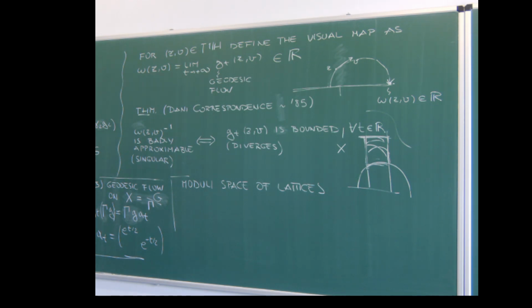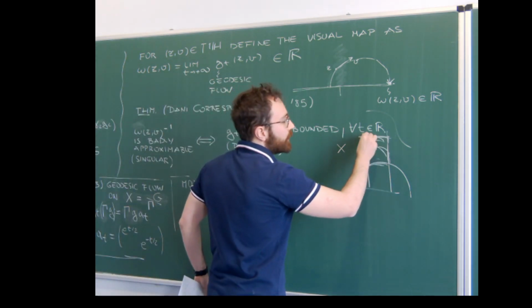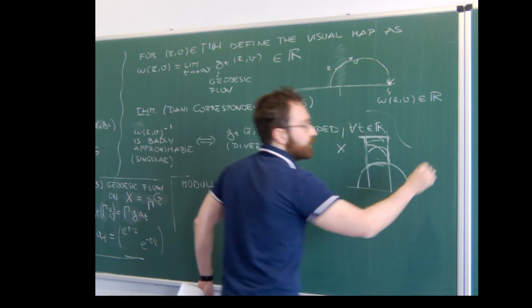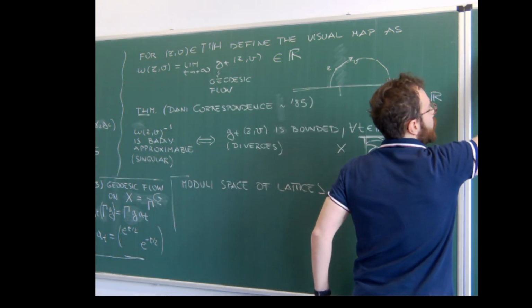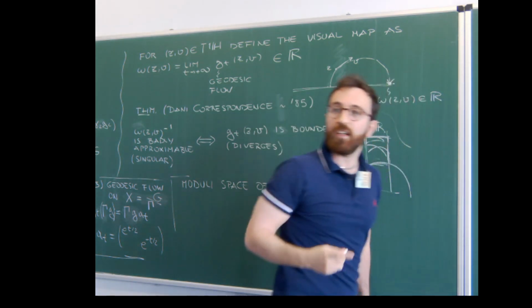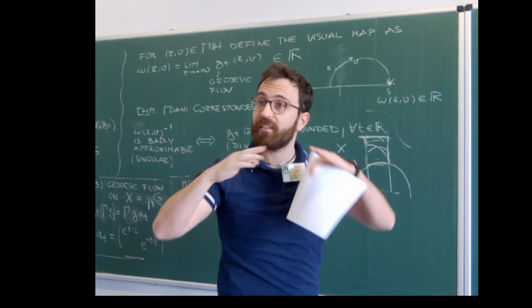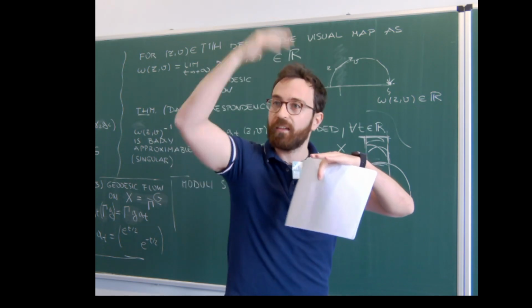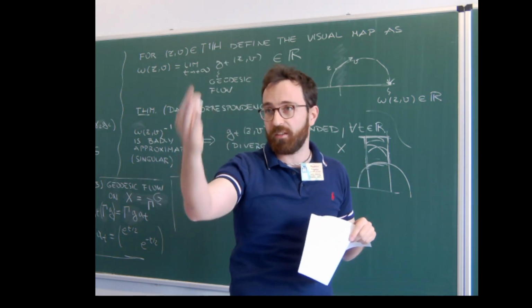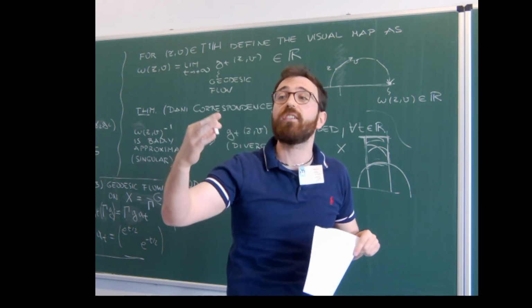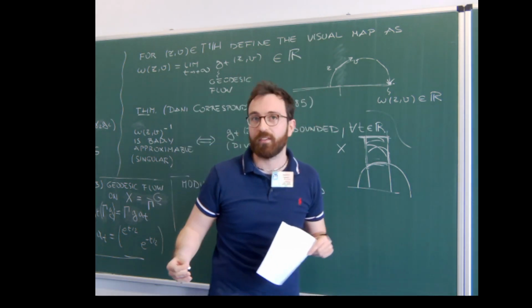So the only way that you have to escape to infinity is to go here, right? And diverges means that it's not allowed to come back. If I give you a certain compact set, you can give me a time such that after that time you never go back to that compact set.